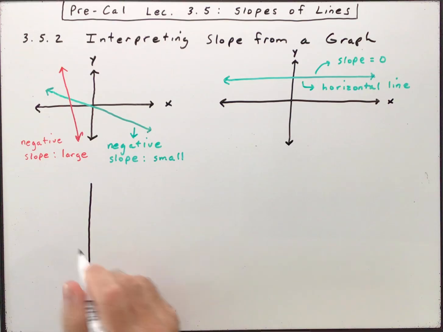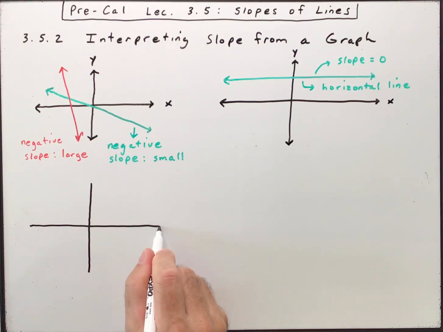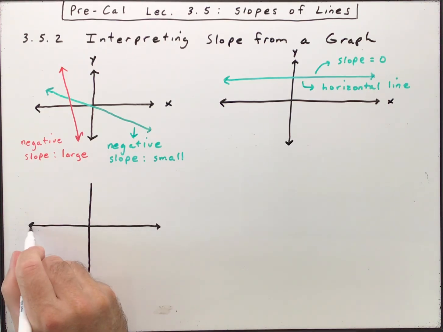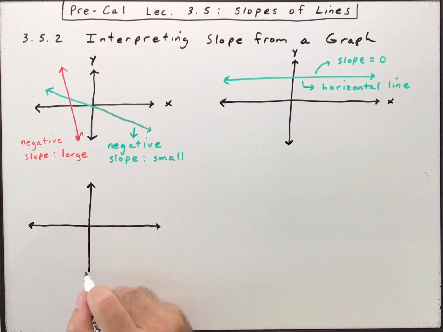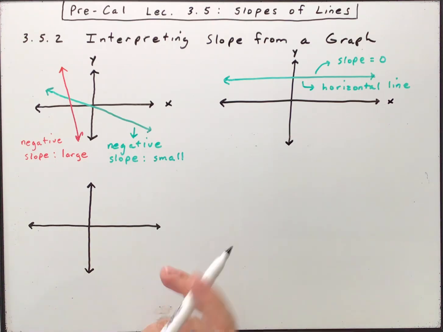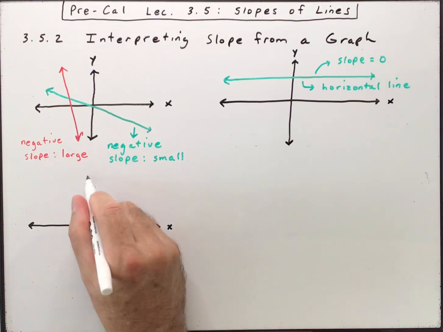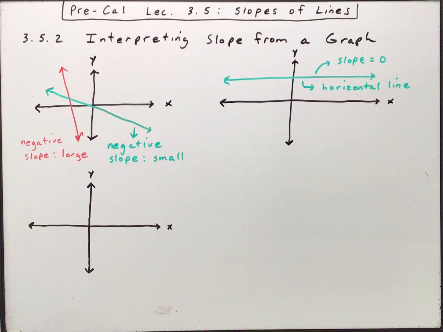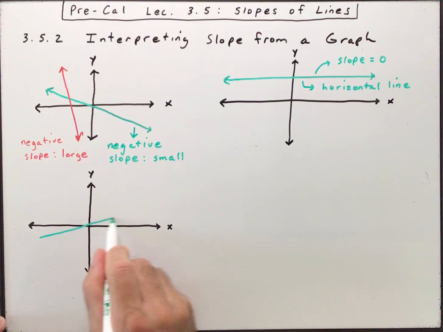So you just need to be able to see graphs of a line and kind of know what's going on. If you do a mathematical calculation and you make a mistake, then you can find it if you know that the slope should be positive or negative. So let's say we have something like this.